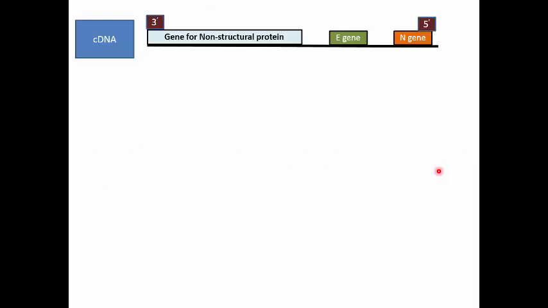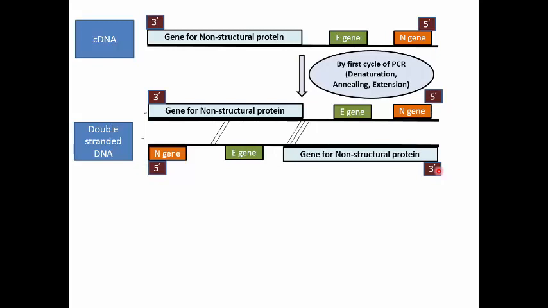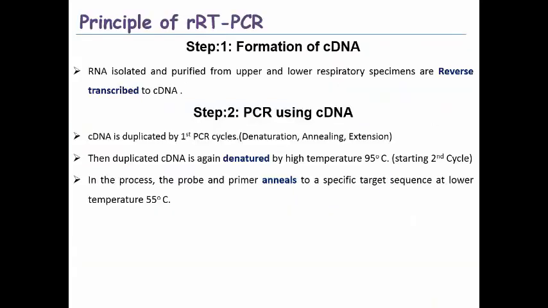Here you can see this is a cDNA. By the first cycle it is duplicated, and in the second cycle it is denatured, so the strands are separated from each other. This is the first step of the PCR cycle, known as denaturation. In the second step, there is the annealing. In this process, the probe, which is specific to a gene of the cDNA, and the primer will anneal to the specific target sequence.